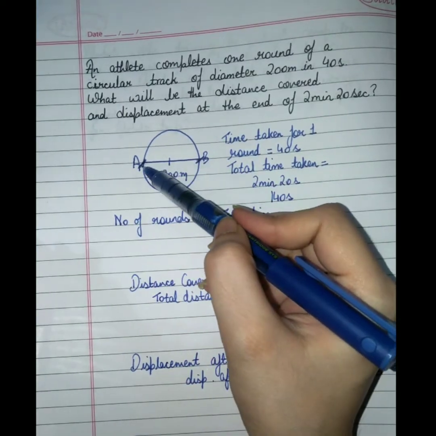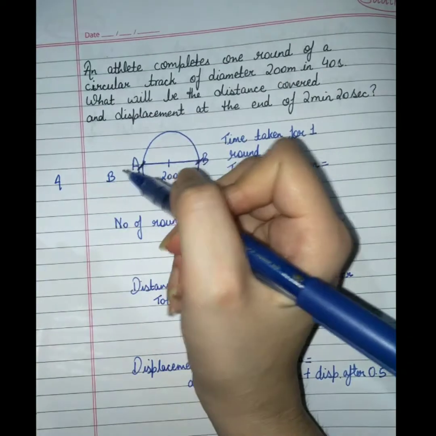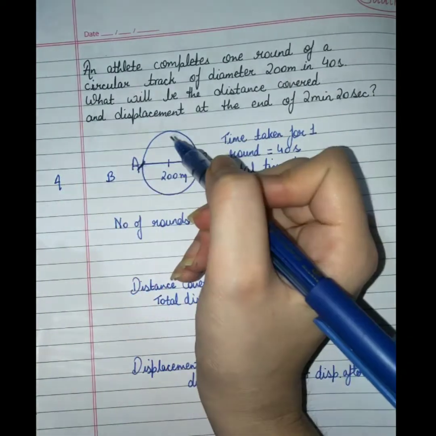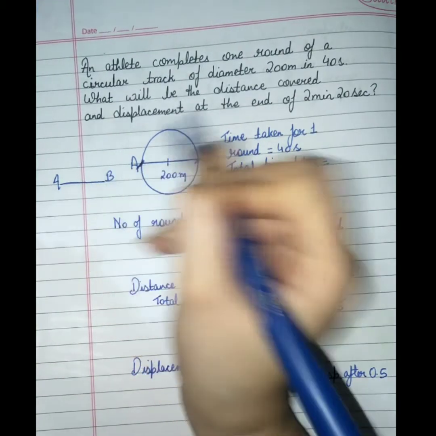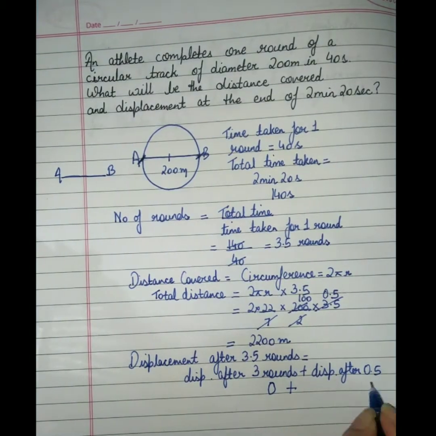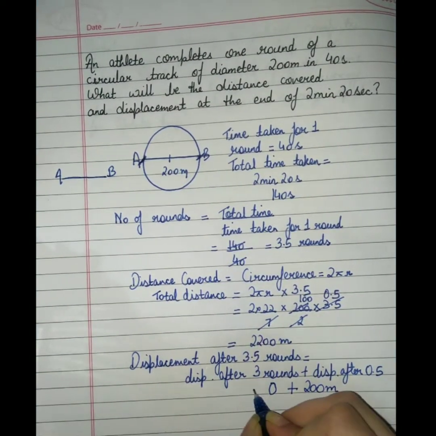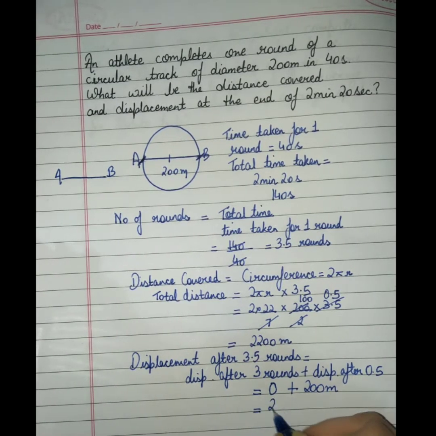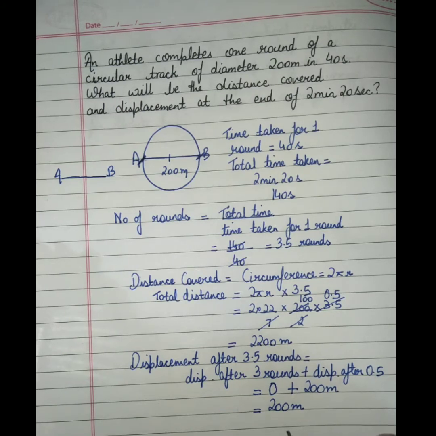Think yourself: if A is your initial point and B is your final point, how will you create the shortest distance? The shortest distance will be a straight line, which is the diameter. So what will be the displacement for half round? It will be 200 meter, that is the diameter. So what is the displacement after 3.5 rounds? It is 200 meter. It's one of the most important questions from the exam point of view as well, students.